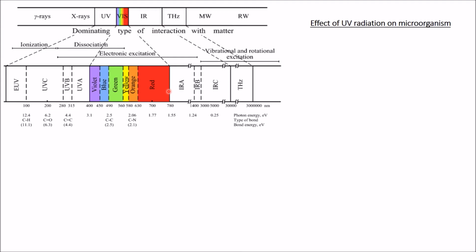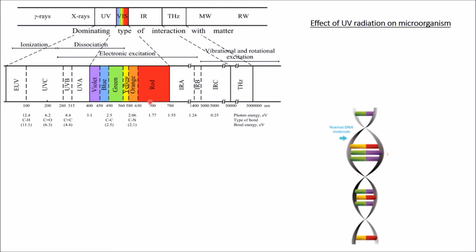So what is the effect of UV radiation on microorganisms? This is the same electromagnetic spectrum. Here, if you look at the UV, it is basically divided into three parts: UVA, B, and C. UVC is something which is considered for sanitizing, or considered germicidal. This is the DNA which I've just explained.